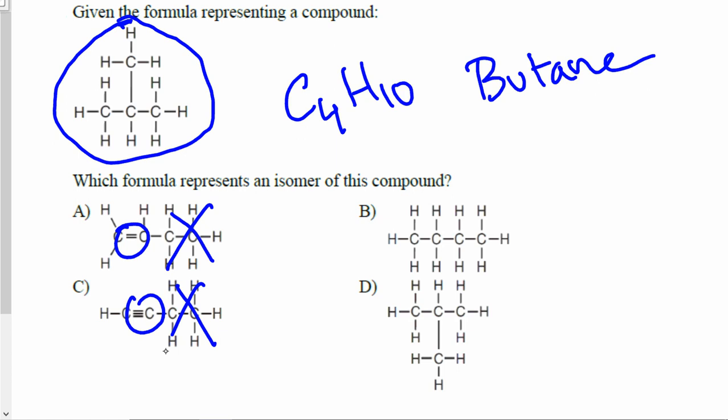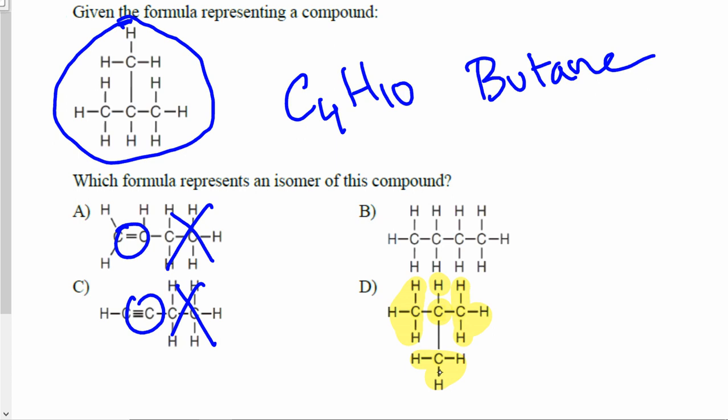If you look at option D, in this option, I have a CH3 group, then I have a carbon with 1 hydrogen, and then on the other side I have another CH3 group, and then on top of it I have another CH3 group.